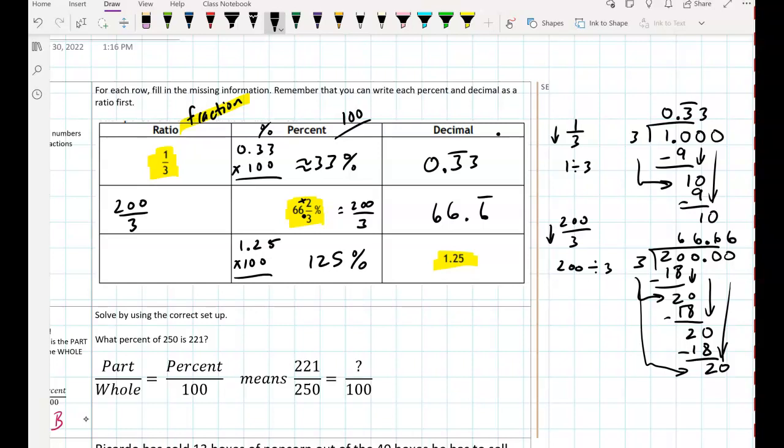Okay? And we know that percent means out of 100, and so 125% is 125 out of 100. Now, if we want to simplify that, we certainly can, but we don't have to, so we're not going to. 125 over 100 for our fraction. Awesome. Let's move on.